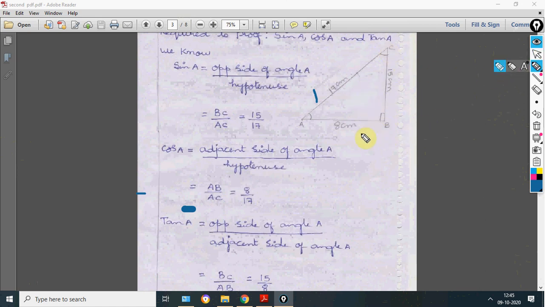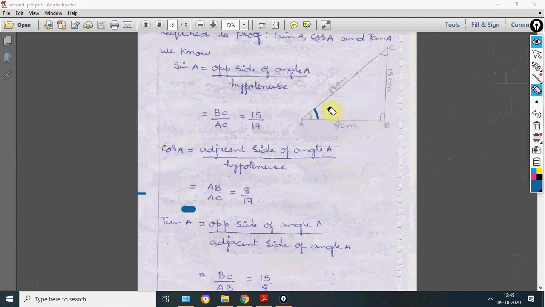So we are taking BC by the adjacent side. What is the adjacent side for angle A? AB. BC is 15 centimeter, so we write 15 by AB, which is 8 centimeter. So we wrote 8.